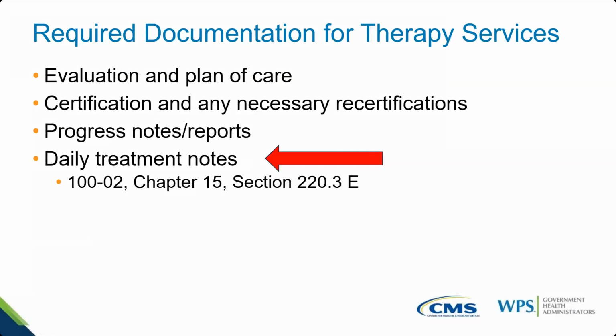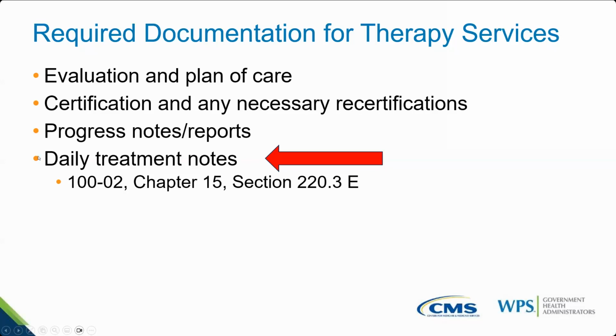Okay. As we move along, let's talk about the basic required documentation pieces for therapy services. These are the things we've gone over all of this week. There's the evaluation and plan of care, and that includes any necessary reevaluations, certification, and any necessary recertifications, and the progress notes or reports, whichever way you refer to them.